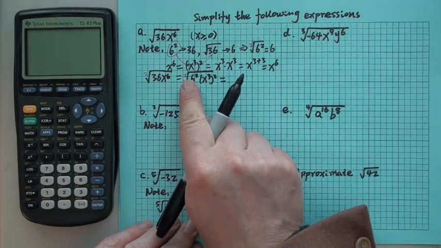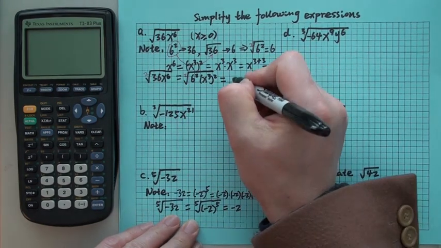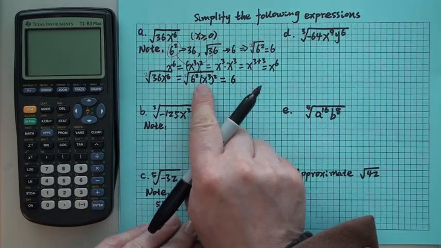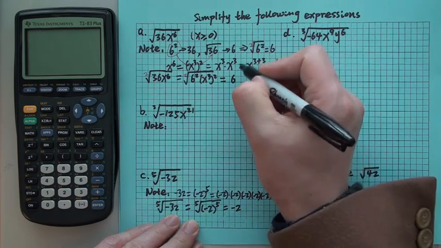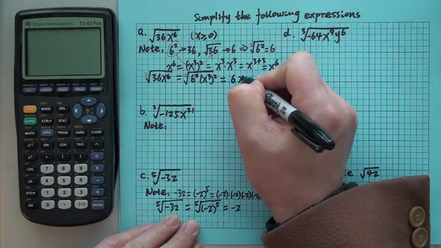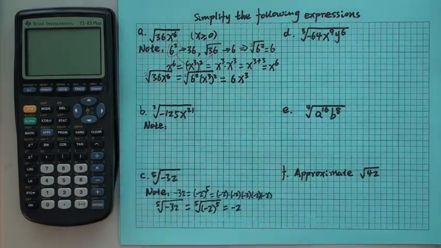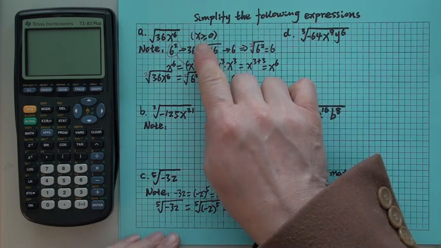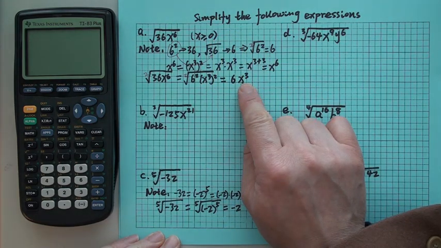We know the square root of 6 squared is 6, and the square root of x cubed then squared should also be x cubed. So that's the final answer here. Remember, x is greater than or equal to 0, then you can write it in this way.